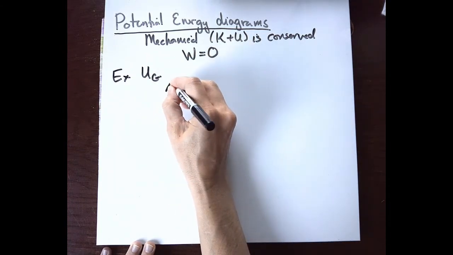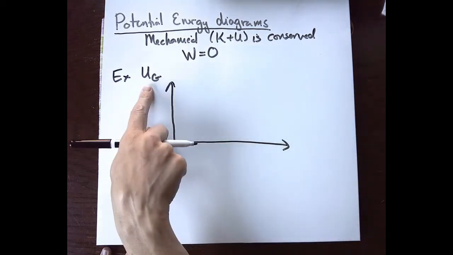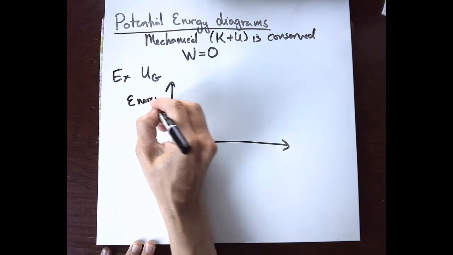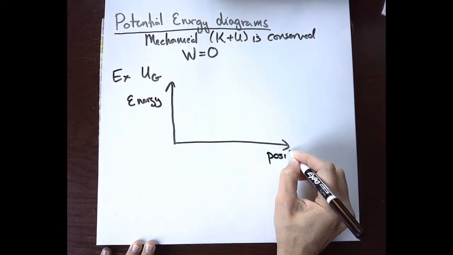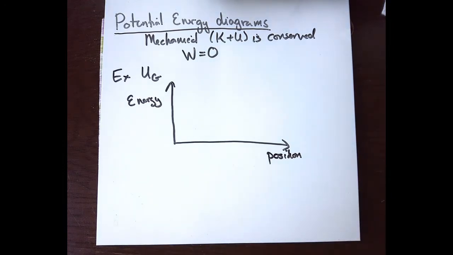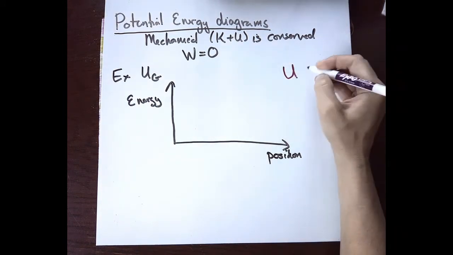So you've got your diagram, which is energy versus position. Remember, potential energy is the energy you've got due to where you are, the energy due to your position. So if we go ahead and do this, and let's do potential energy in purple.